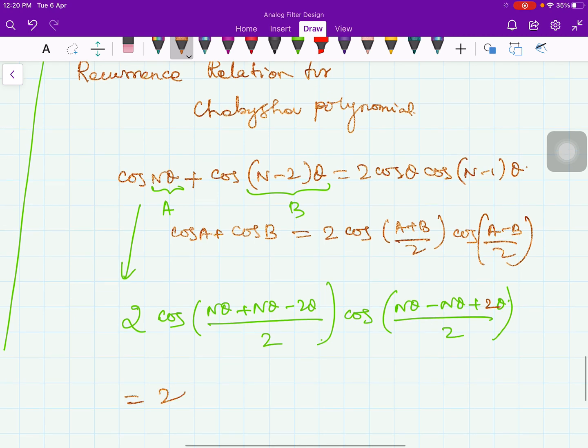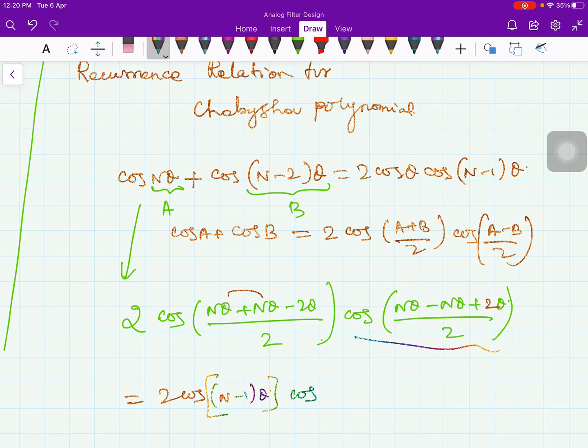So therefore 2 times cosine of 2n theta minus 2 theta by 2, that is n minus 1 times theta, times cosine of 2 theta by 2, that is theta.